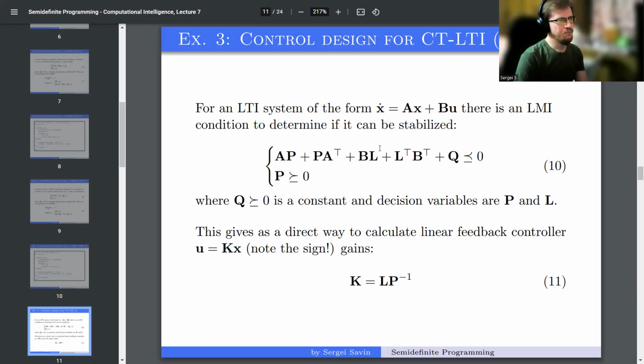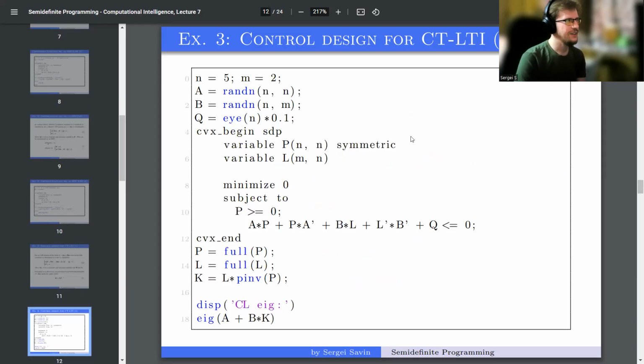All right, so this is what you can use to design control for your LTI system. Let me show you in code. Again, derivation on Thursday, but now let's show it in code.